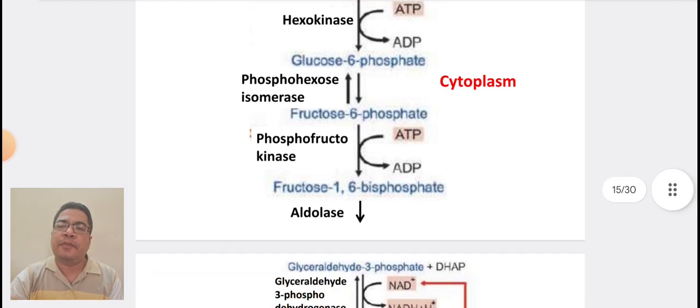Then fructose 1,6-bisphosphate is converted into glyceraldehyde 3-phosphate plus DHAP, that is dihydroxyacetone phosphate, by the enzyme aldolase.